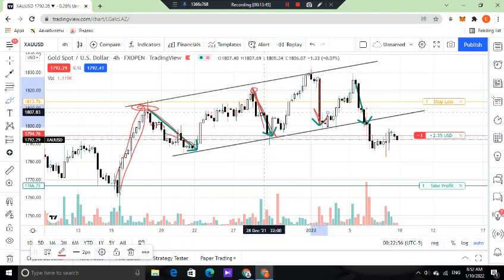It's literally vertical, which means it's very strong.